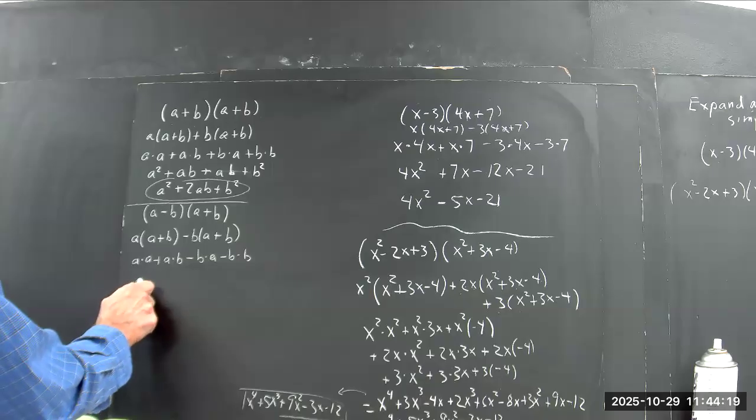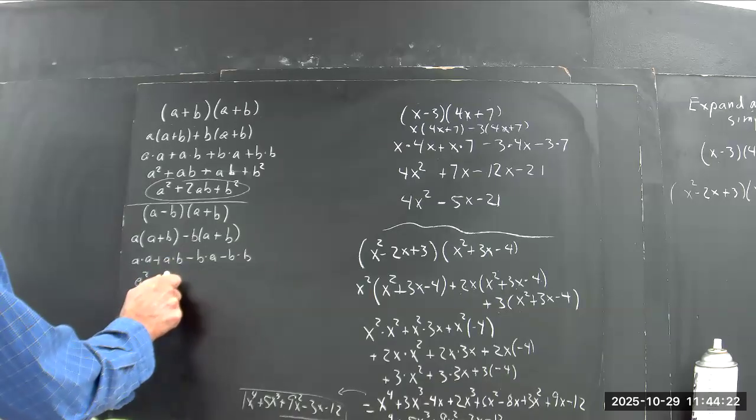A times a is a squared. A times b is ab.